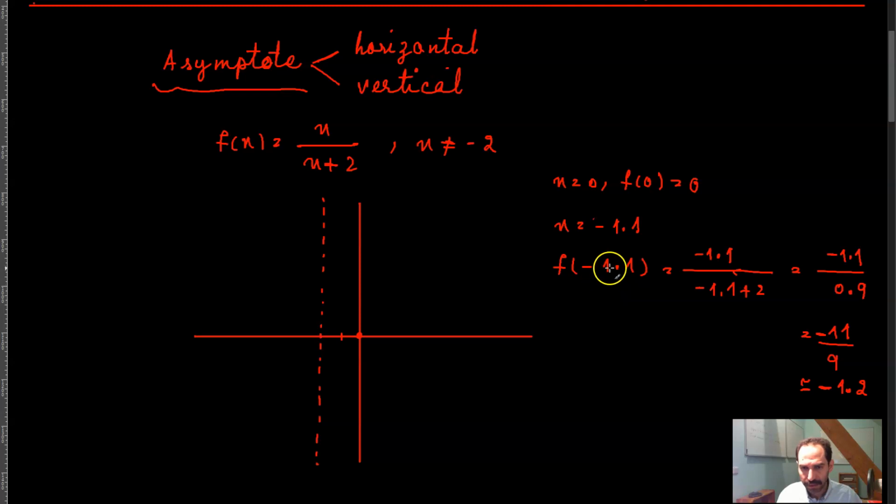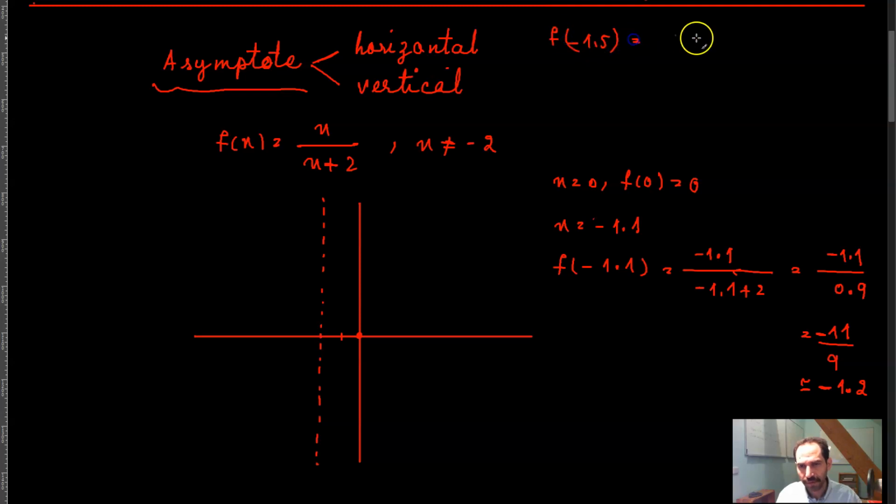Now if I get a little bit closer to negative 2 from the right, suppose you calculate f of negative 1.5.